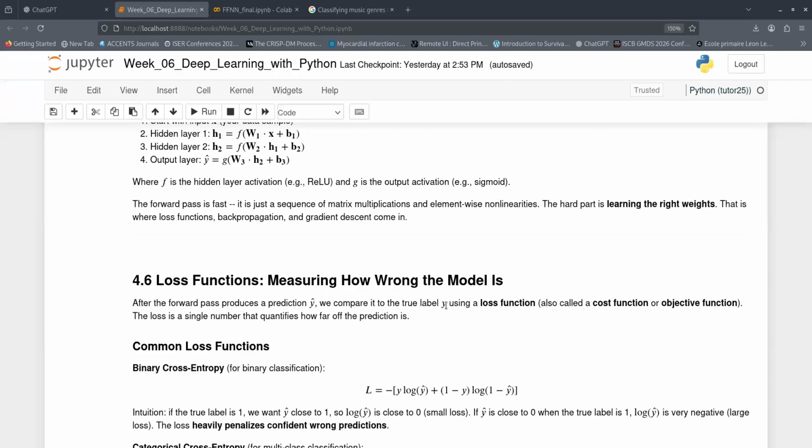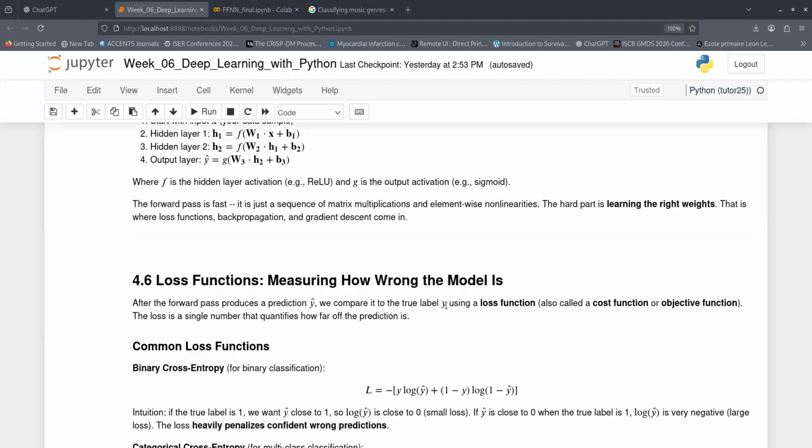If you take the difference between this prediction and this true label, and sum all of them, as you have seen with logistic regression or linear regression, you have what we call the loss function. The loss function is when you compare the prediction with the true label.